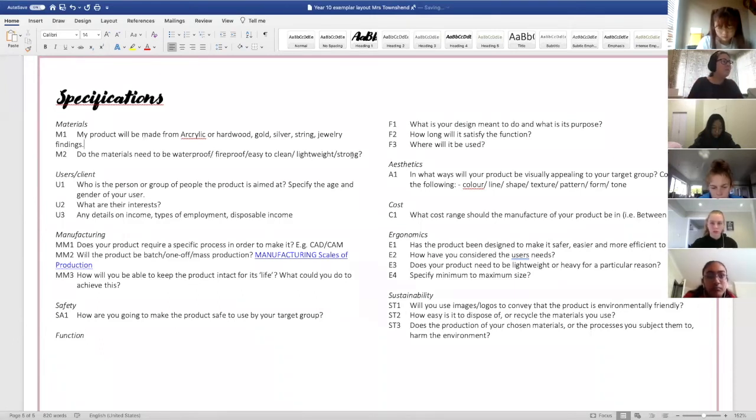Okay, so do the materials need to be waterproof, fireproof, easy to clean, lightweight, and strong? Do they? I don't know. What do you guys think? Maybe not all of those things, but it should last a long time for the user or client.